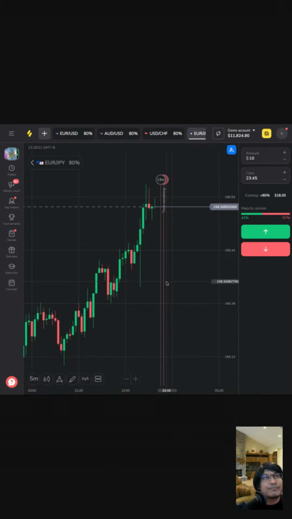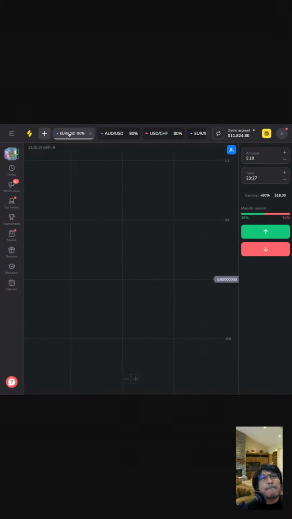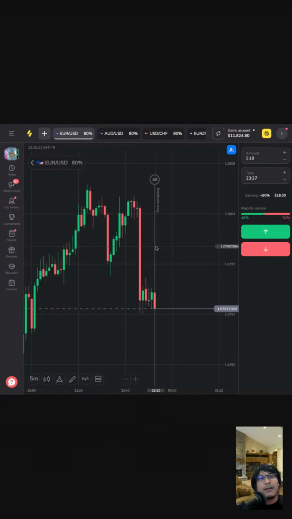And Euro JPY looks like it wants to continue. Yep. Come on, break out of that sideways pattern so that we can trade. Come on.